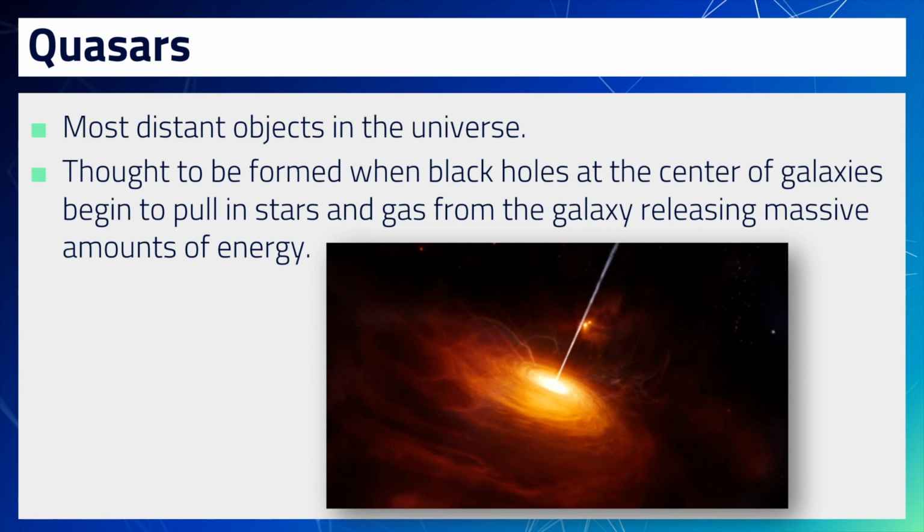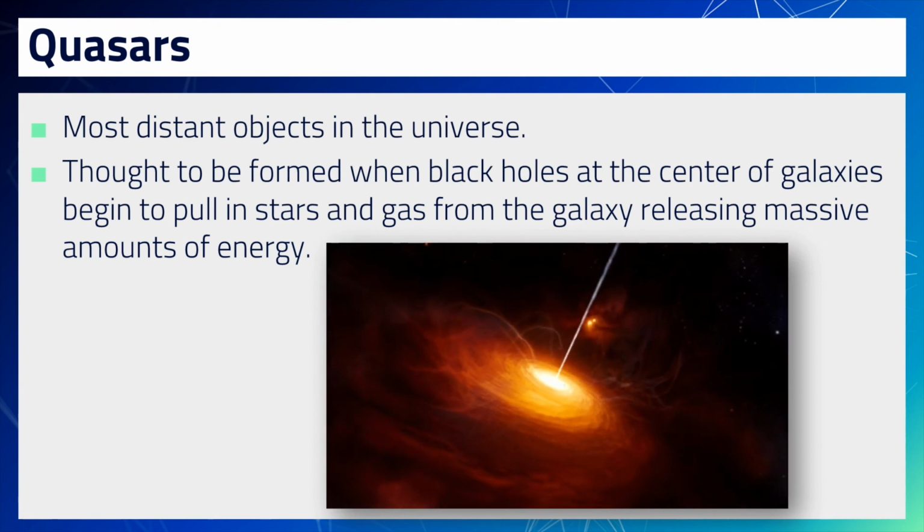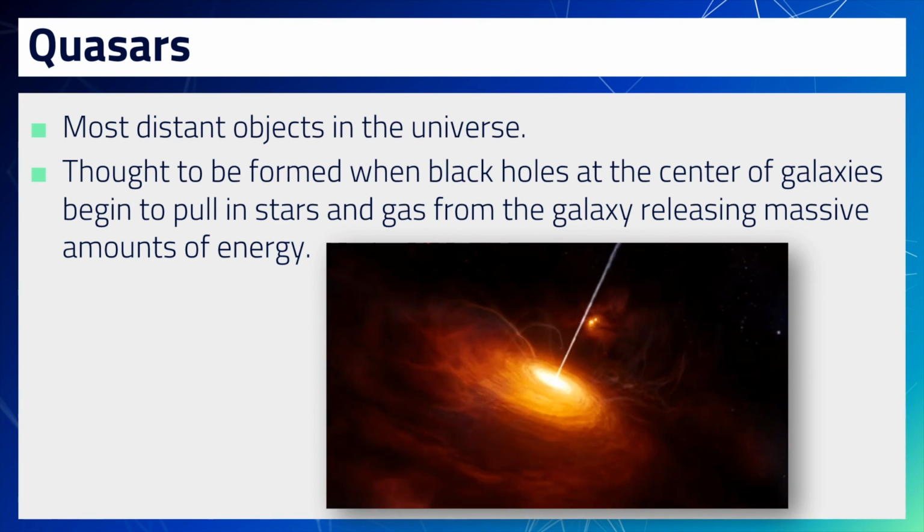They're not on the right path to just stay in a perfect orbit around it, and they start getting pulled in. As this happens, it's almost like that black hole starts eating it up, and it ends up releasing a massive amount of energy, creating a quasar. And so that's what we think quasars actually are.